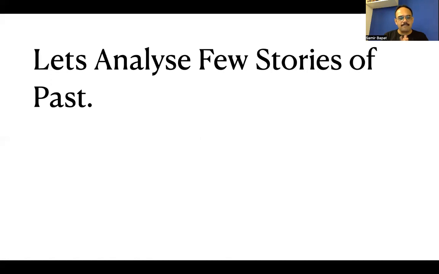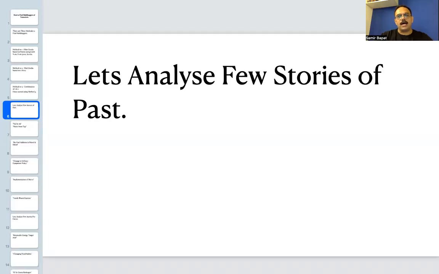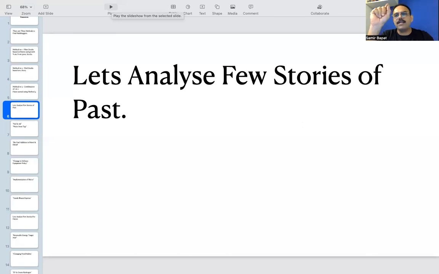What I'm trying to share with you here is how to identify a story, how to understand a story. Once you understand the story, it is easier to find a multi-bagger, because there are around 5,000 companies listed in the stock market.